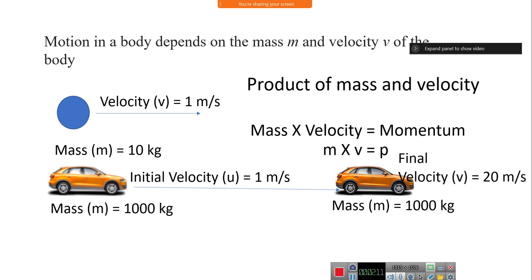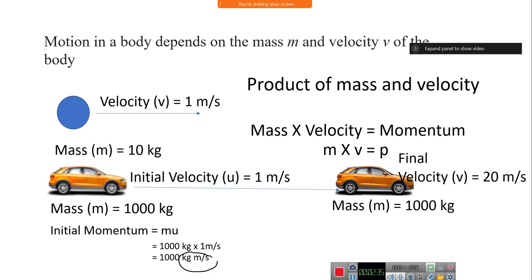So it is very easy now to calculate momentum at two different places. The first place, when it has an initial velocity, that momentum is called initial momentum, which is m into u, because u is initial velocity, which is 1000 kg into 1 meter per second, and that is 1000 kg meter per second.